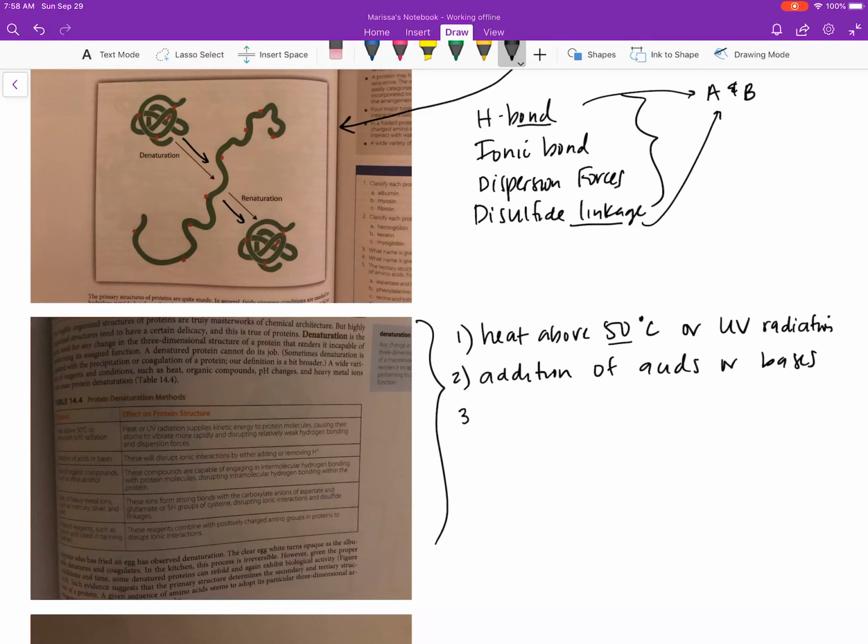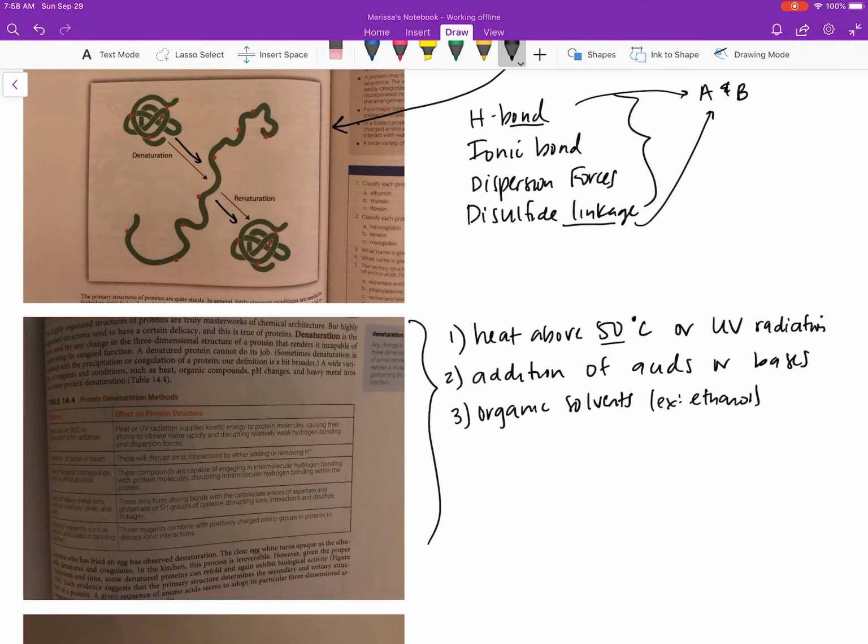The third one that's on here is the use of organic solvents, and it gives us the example of ethanol or ethyl alcohol. So any sort of solvent that might disrupt the OH bonding that stabilizes it. So same thing as this one up here.